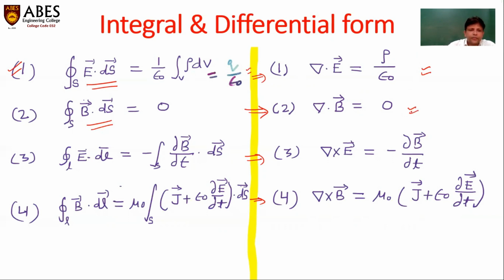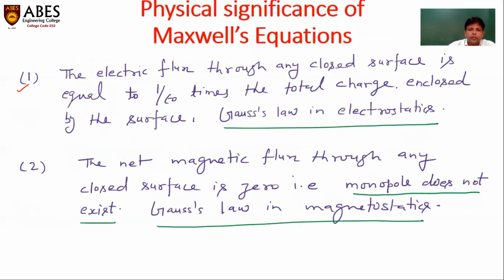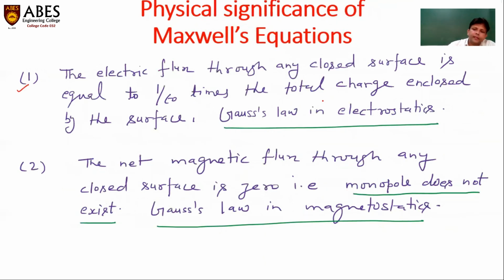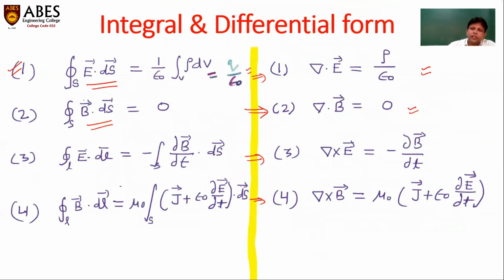The third one is the line integral of electric field. It states that the induced electromotive force, that is the line integral of electric field around any closed path, is equal to the negative time rate of change of magnetic flux through the surface enclosed by the path, which is known as Faraday's law. Basically it means that a change in magnetic field can produce an electric field.